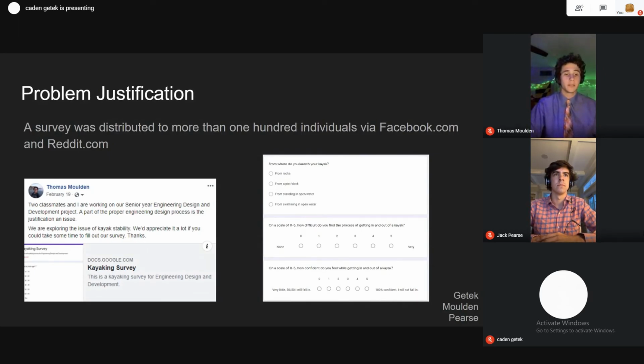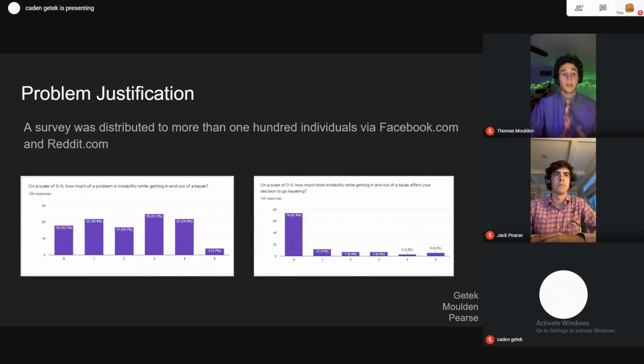Of those 112 responses, we had a wide range of ages, genders, and kayaking frequency, and all the different data means it could be used confidently to justify the problem. What you're seeing on the screen right now is where we found that in our responses.